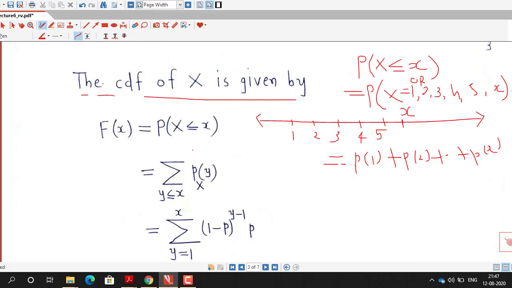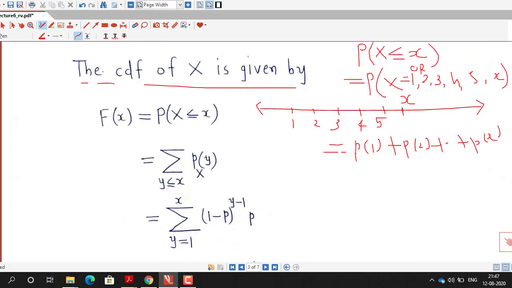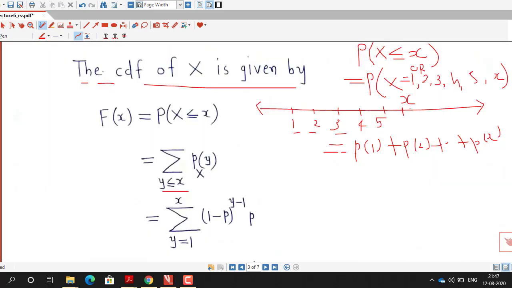So we can say that it is the summation of all the probabilities p of y such that y is less than or equal to x. In this case y can take values 1, 2, 3, 4, 5 up to x. We don't know where this x is, so we can write it in this way: summation of all the probability values p of y such that y is less than or equal to small x.